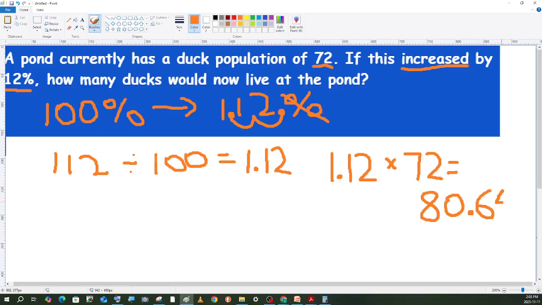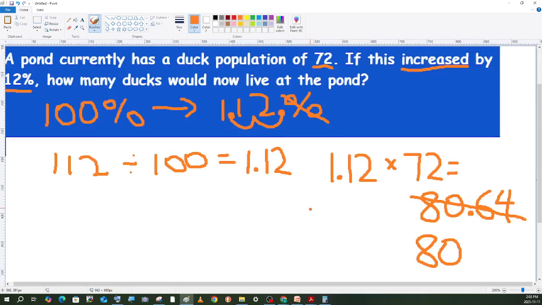Now it's not possible to actually have 0.64 of a duck, at least not a living duck. So in this case, we would round our answer down to 80, because we're not going to find 64 hundredths of a living duck. At least I hope not. That would be pretty gruesome.